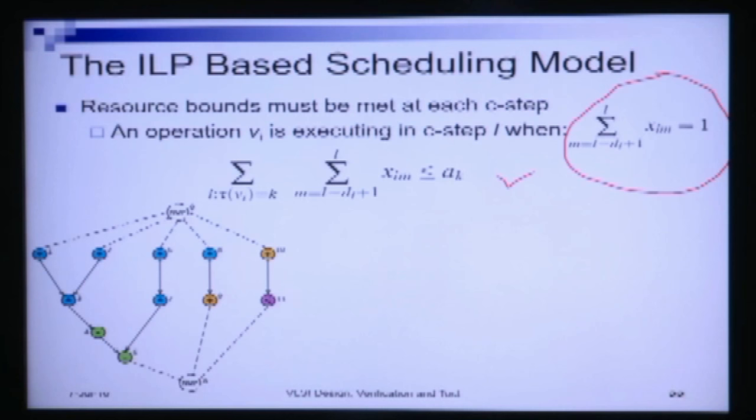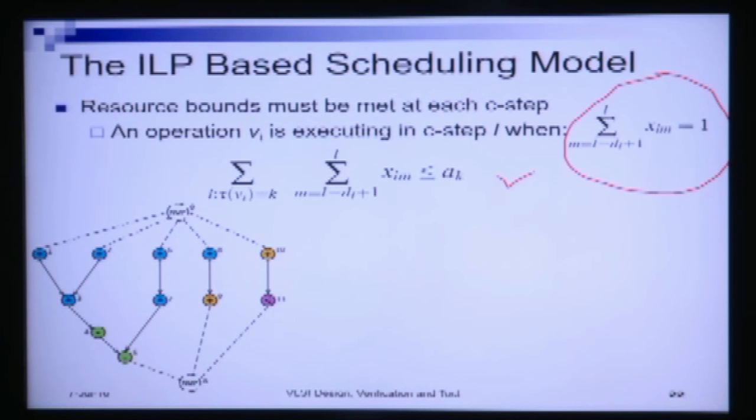For each type of resource k, where k denotes the types of resources and ak denotes the number of resources of type k, at each time step not more than ak operations that need to be scheduled on resources of type k can be concurrently scheduled.